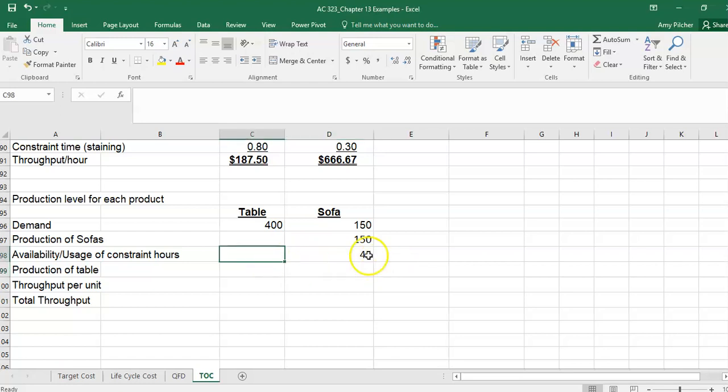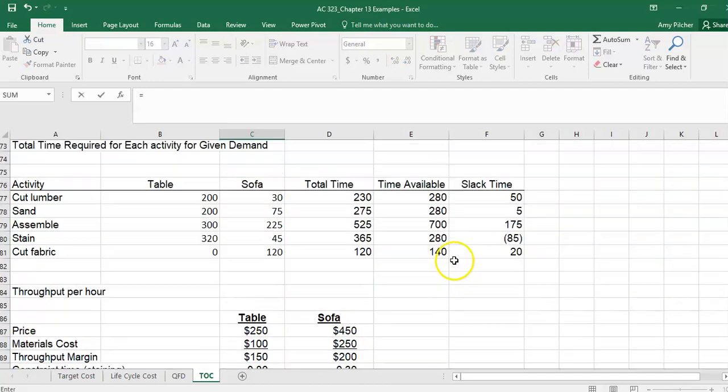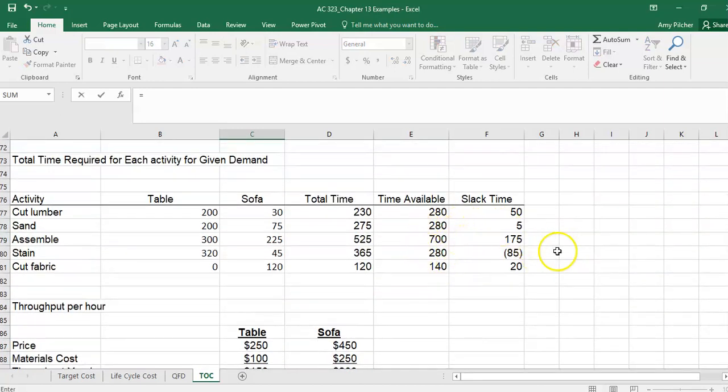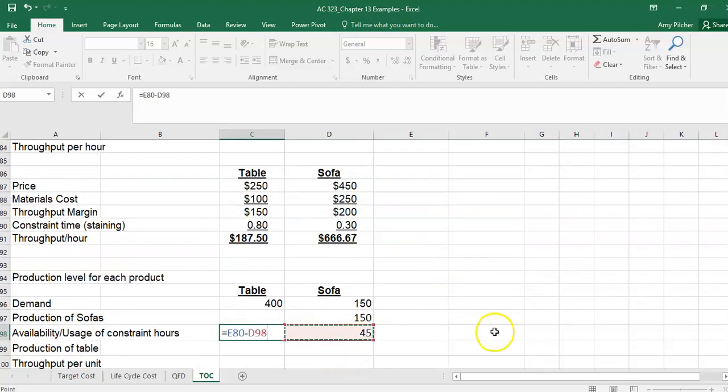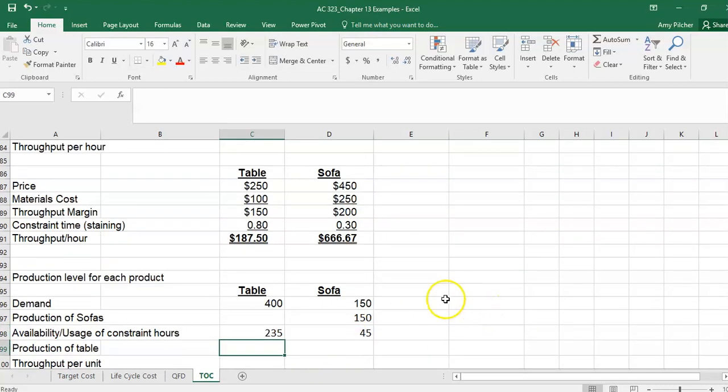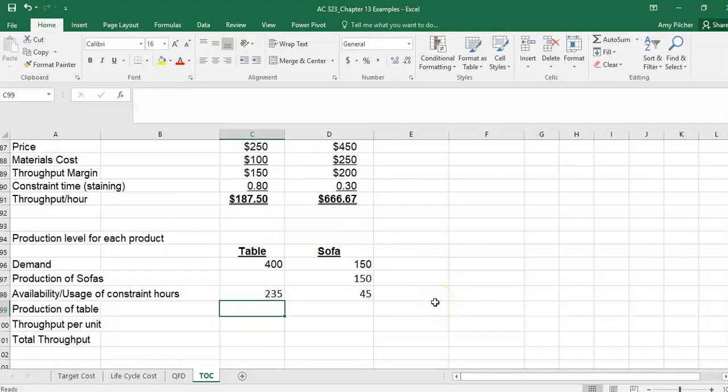That gives us, if we have a total of 280 hours available for staining, and we use 45 of them to make sofas, that gives us 235 hours left to produce tables. Okay? We take that 235 divided by 0.8, and now we know that we can produce 293 tables. We have to round down.